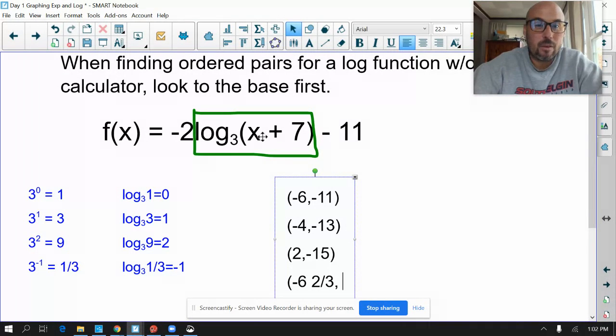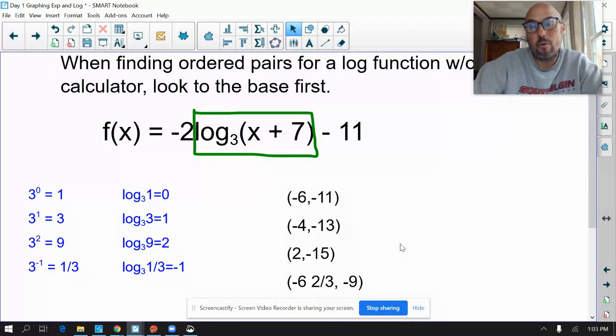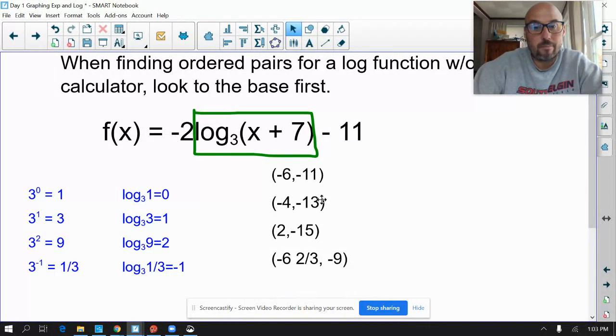And log base 3 of a third is -1. So this is -2 times -1 minus 11. So -2 times -1 is +2. +2 minus 11 is -9. And then you got 4 ordered pairs, which is great.